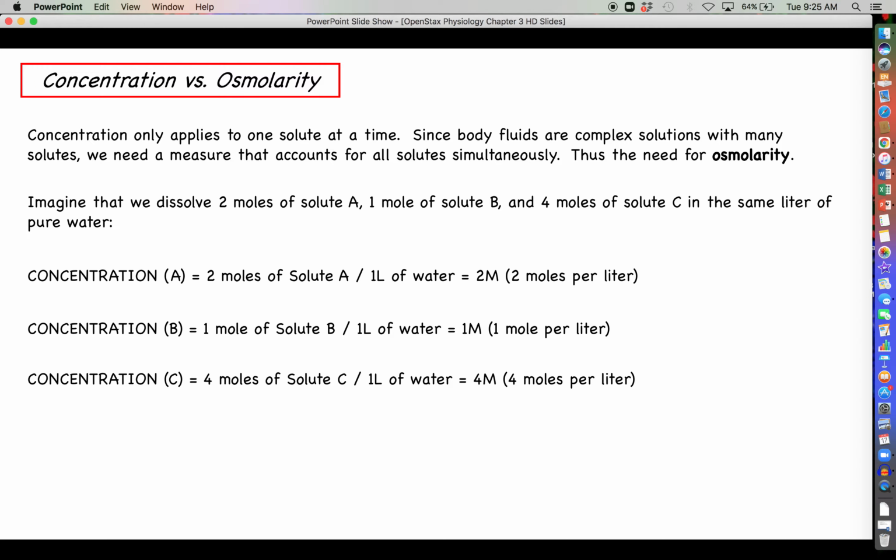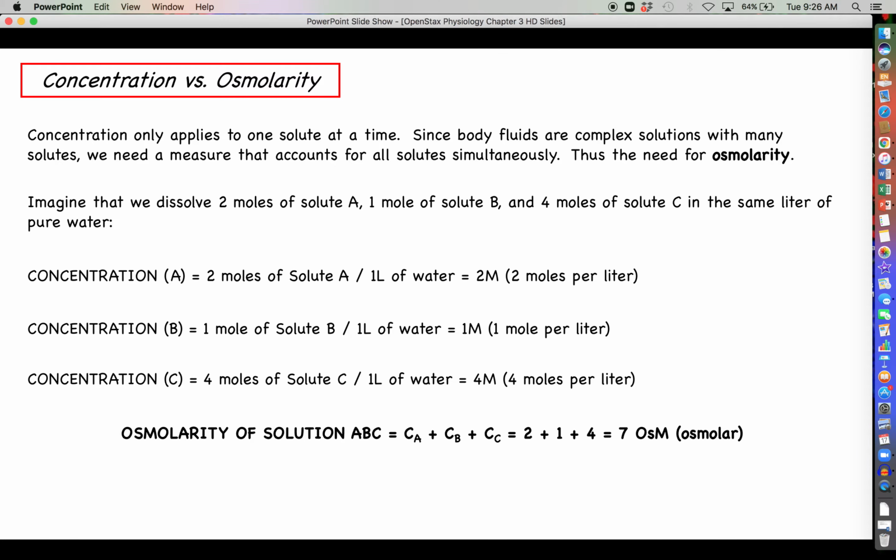But for determining whether osmosis is going to occur or not, we need to keep track of all the solute concentrations put together, because that is how we determine what the water concentration is. So osmolarity is actually a very simple calculation. All you do is you add up the individual molar concentrations of each individual solute in solution, and whatever you get at the end is going to be the osmolarity of that particular solution.